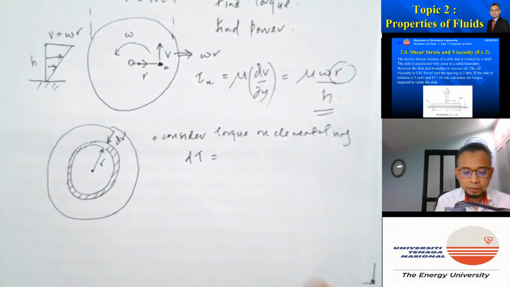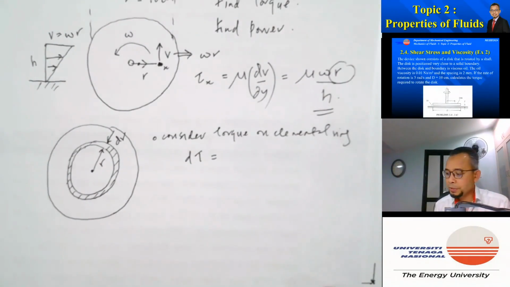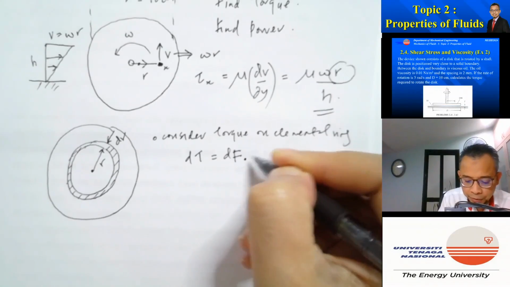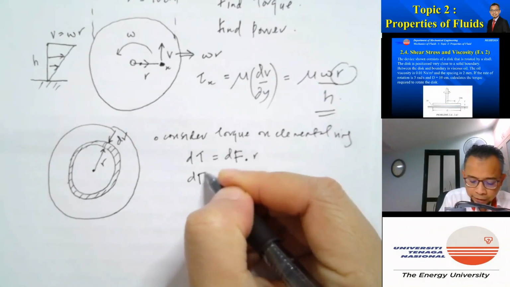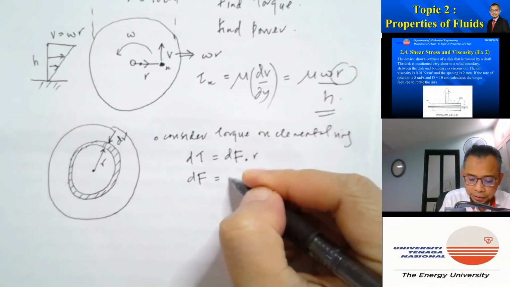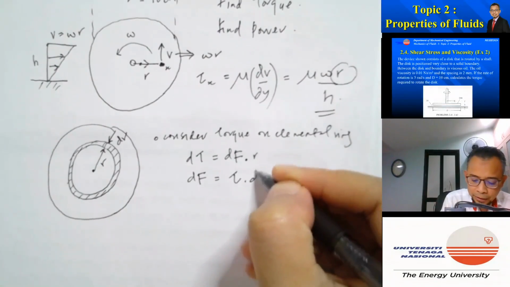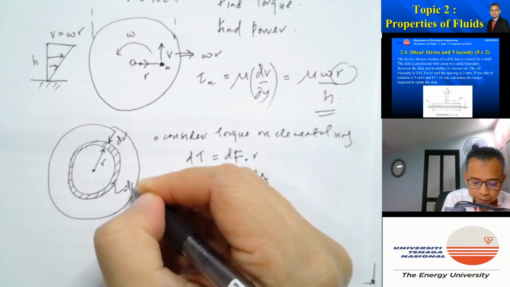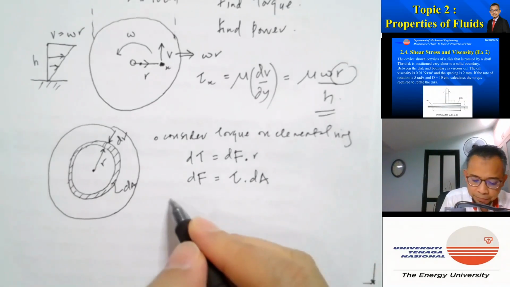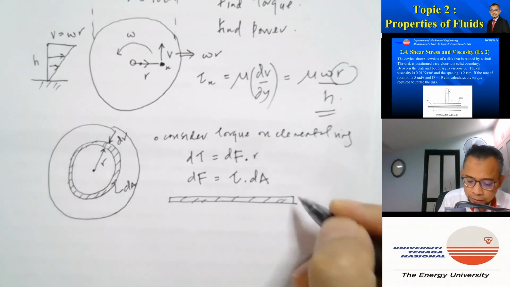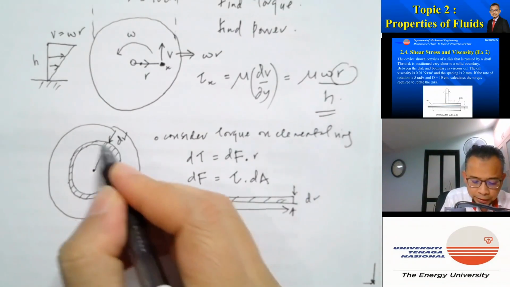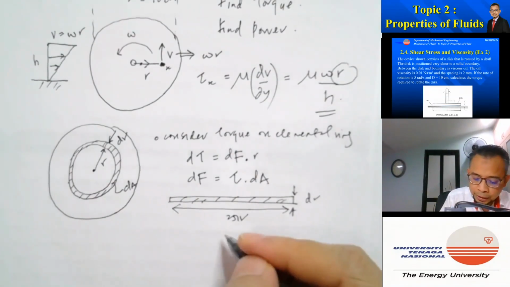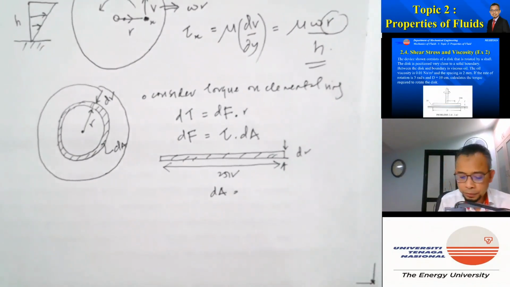The formula for the torque is always force multiplied by the arm's radius, so it is dF multiplied by r, where dF is the force on this ring. dF is equal to tau multiplied by dA, where dA is this area. If we open this up, this is dr, and the length of this is the perimeter, 2 pi r. So dA is equal to 2 pi r dr.